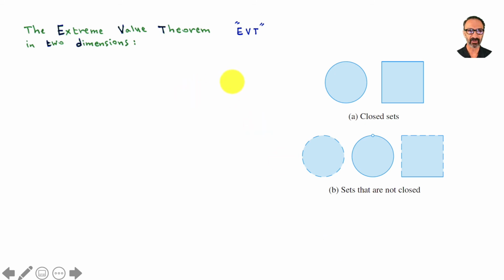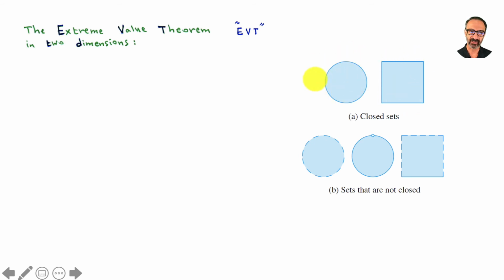The extreme value theorem in 2 dimensions, this is called closed. I'm not looking at an interval like calculus 1. This is a closed region that we have. I don't want to call it an interval. This is closed.